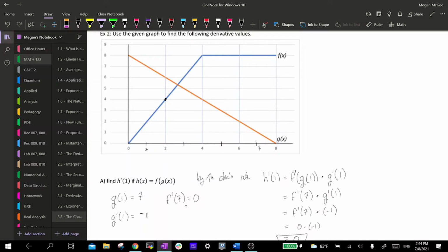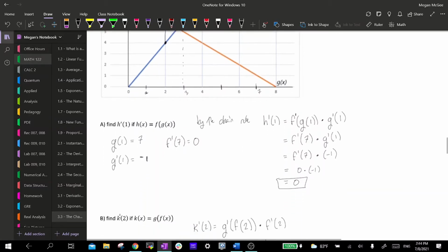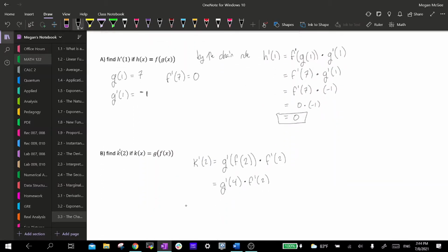It looks like we go up 2, over 1, right? That gives us a slope of positive 2. So f prime of 2 is equal to 2. And I didn't write down that f of 2 is equal to 4.